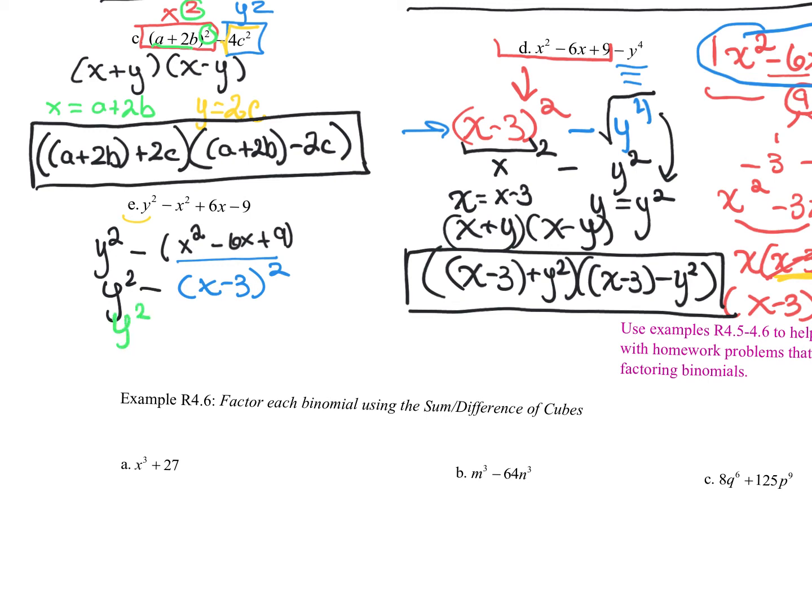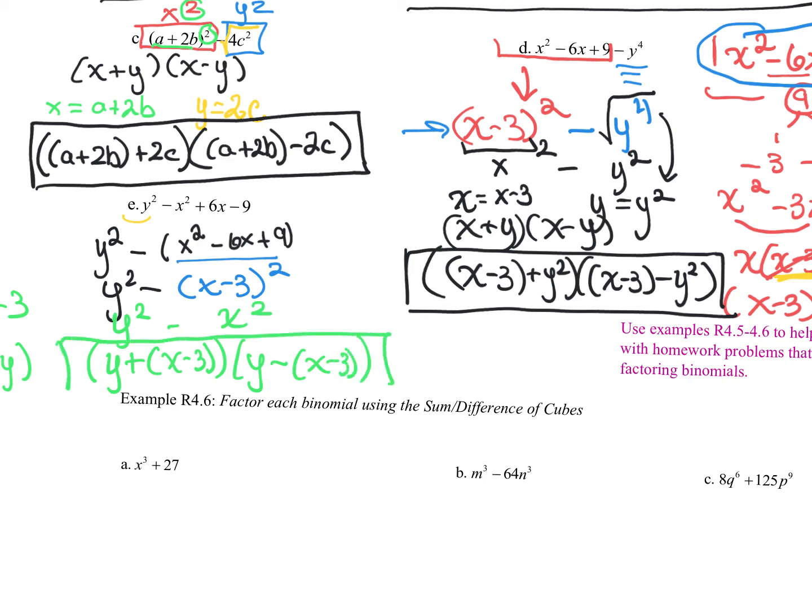Y squared minus my x squared. And in this case, y equals y. X equals x minus 3. So when I plug it into my x plus y, x minus y, I get y plus x minus 3, y minus x minus 3. And there's my answer.